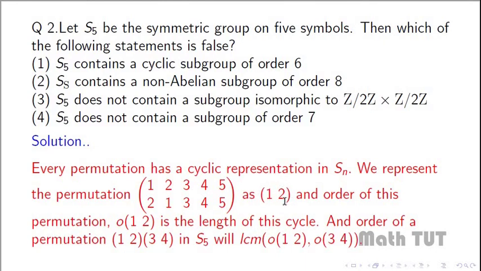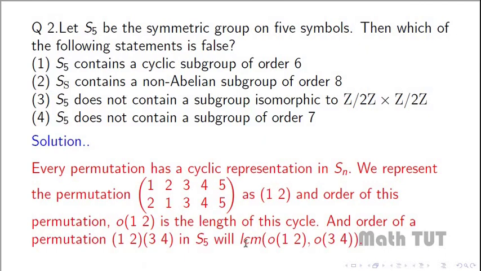The order of this permutation is the length of this cycle. When you write in cyclic form and find the length of the cycle, here the length is 2, so the order of this element is 2. Similarly, if a permutation is represented as a product of disjoint cycles in S5, you can simply find the LCM of the orders of the cycles to get the order of that element.